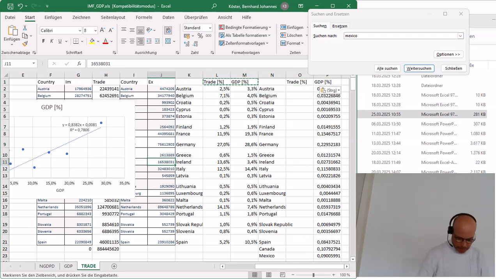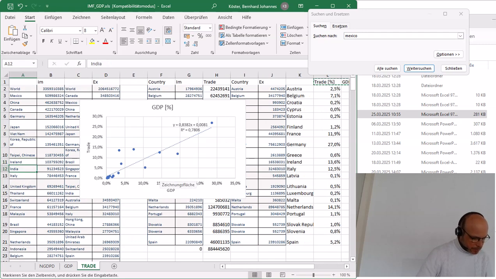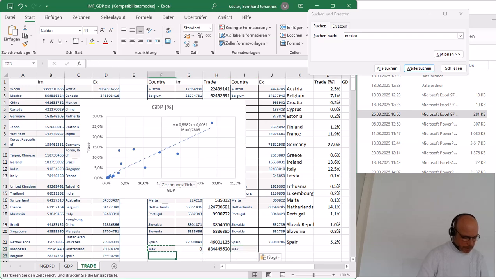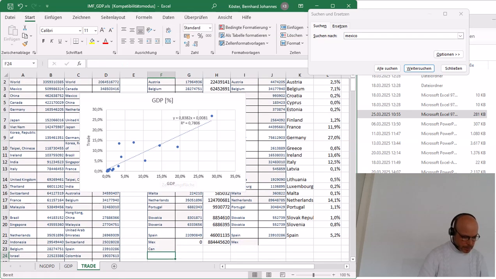And what we need is now also Mexico and Canada, the trade volumes.